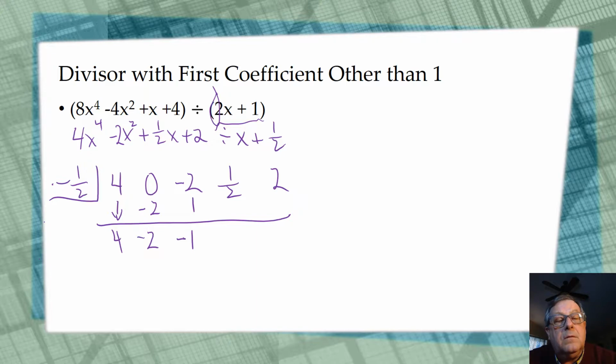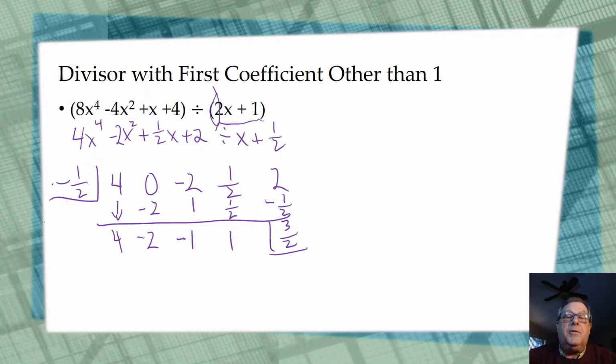No, that's right. Yep, okay. Negative 1/2 times negative 1 is positive 1/2. And 1/2 and 1/2 is 1. And negative 1/2 times positive 1 is negative 1/2. And 2 minus 1/2 is 3/2.